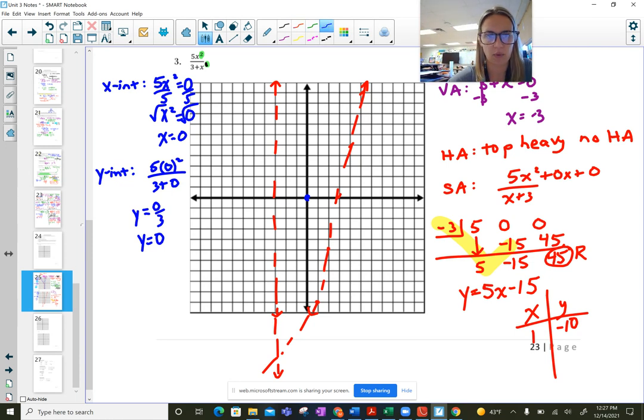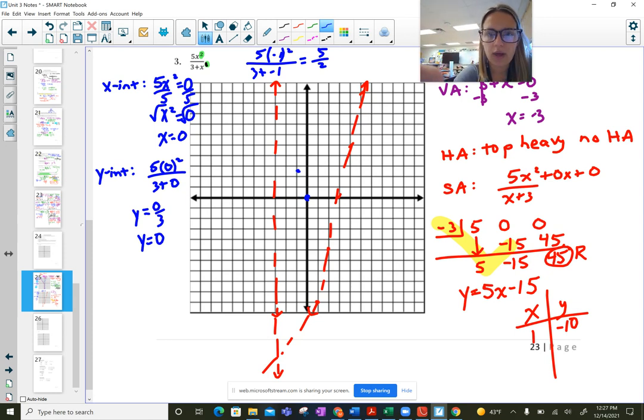Okay, let's start plotting points here. So at negative 1, let's say. So 5 times negative 1 squared all over 3 plus negative 1. So I get 5 on the top and 2 on the bottom. So at negative 1, it's at 2.5. Okay.